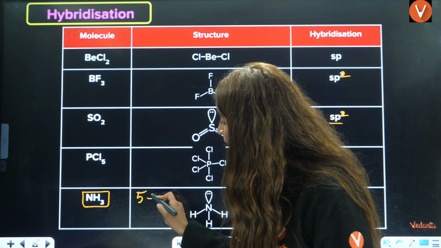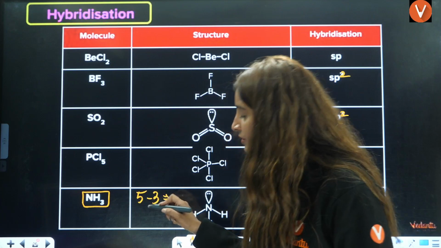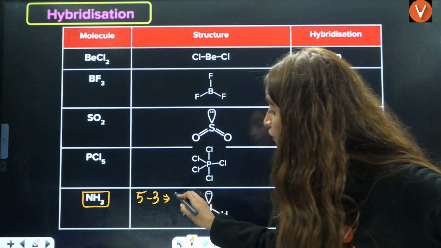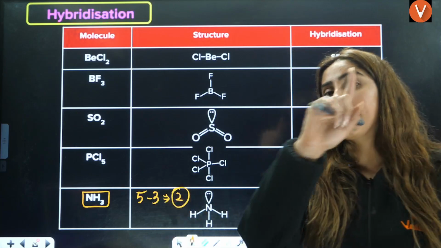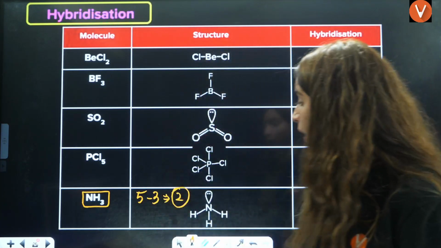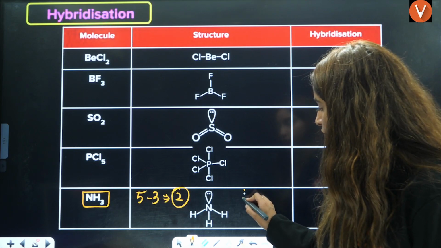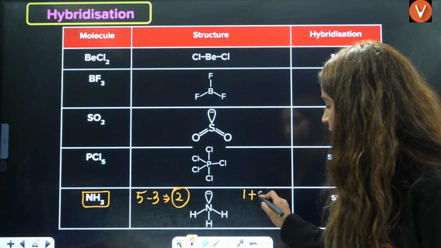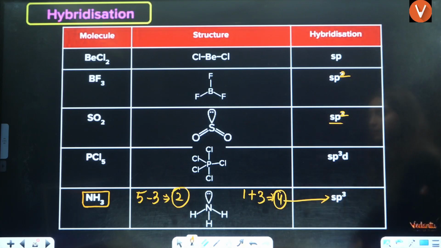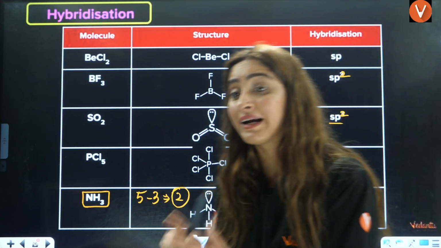That means only 3 bond pairs you will have here. Out of this, 2 electrons you are still left with. One lone pair has 2 electrons, that means 1 lone pair you have. 1 lone pair, bond pairs are 3, that means total 4. 4 means it is sp3, and sp3 means it is tetrahedral geometry.